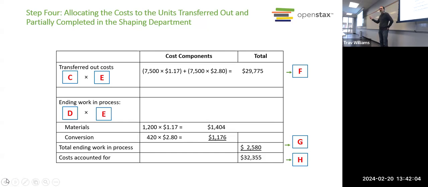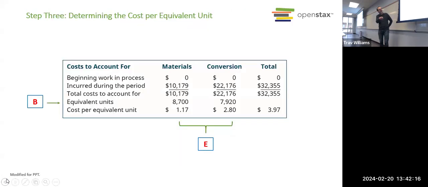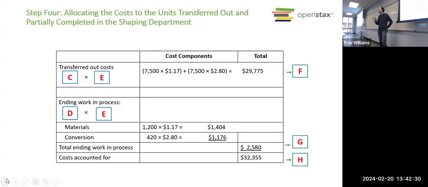Remember, they always all have to be converted. So you're going to have the same number under materials that you have under conversion. You could just take that one number and multiply it by the total cost per unit, right? Material cost per unit plus the conversion cost per unit gives you a total cost per unit. Multiply that by the number of units that got transferred out, and you'll get the same number.